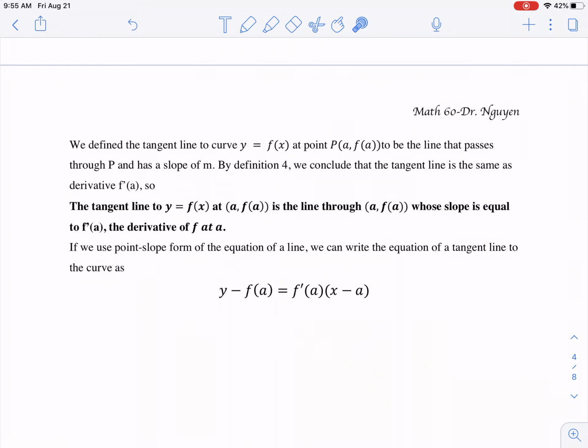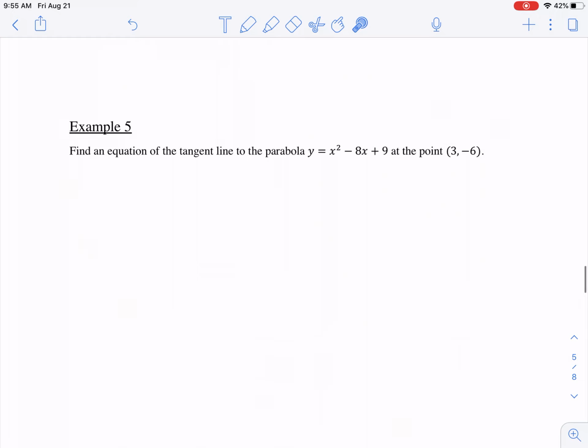All right, moving on to the next example, that's our example 4. That's the function we have for example 4, x squared minus 8x plus 9. Now I have the point. They're asking you to find the equation of the tangent line. Recall, from the previous example, we know the derivative at the number a, f prime of a, is 2a minus 8.